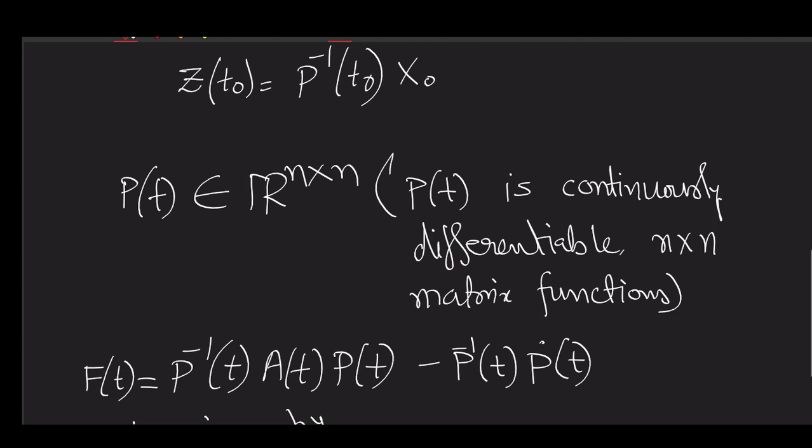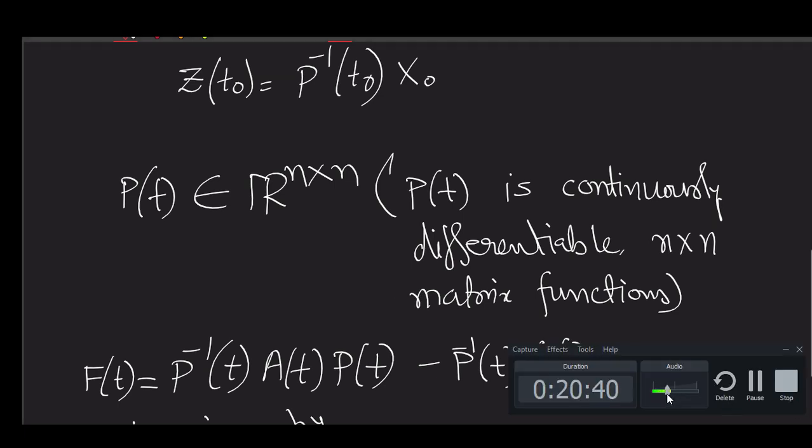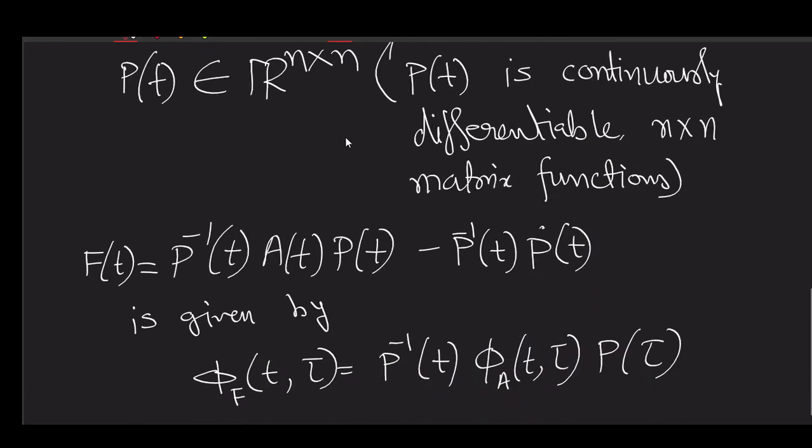So now consider this property here, that P(t) is equal to this one. P(t) is a continuously differentiable n cross n matrix, and we define our new state transition matrix.